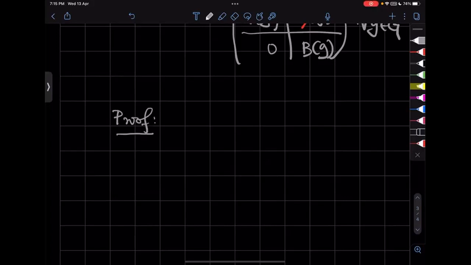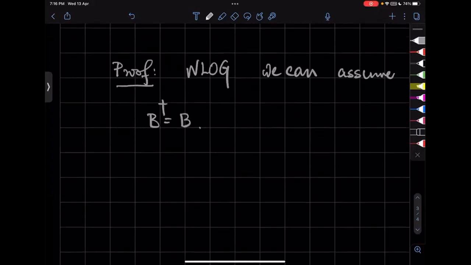So suppose, without loss of generality, and you will see WLOG as a shorthand, mathematicians write without loss of generality. So without loss of generality, we can assume that B is a Hermitian matrix. And you might say, why?